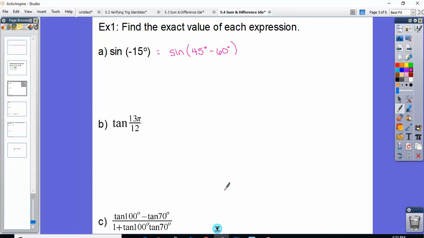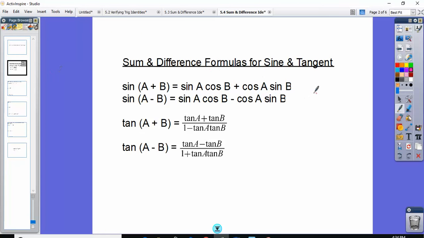You could do 30 minus 45. You could do negative 45 plus 30. Lots of options here. So you just have to find two angles that add or subtract. Okay, so I need to look at the sine difference formula because I'm subtracting my two angles.